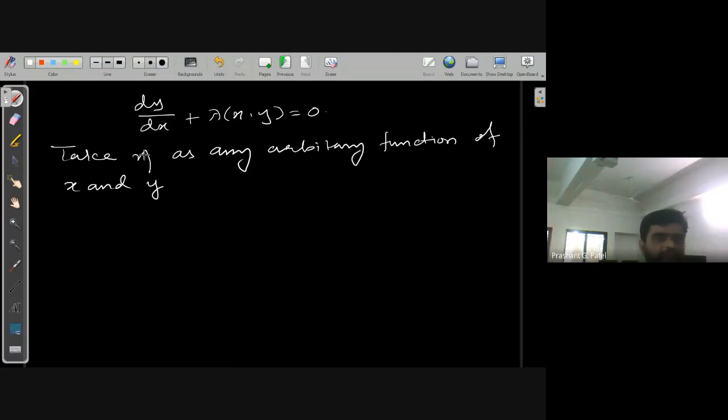So eta we will take as any arbitrary function, whatever you want, which should be independent of xi.